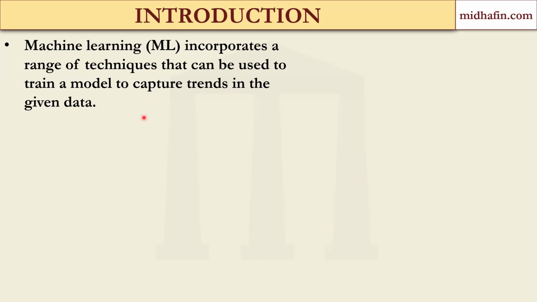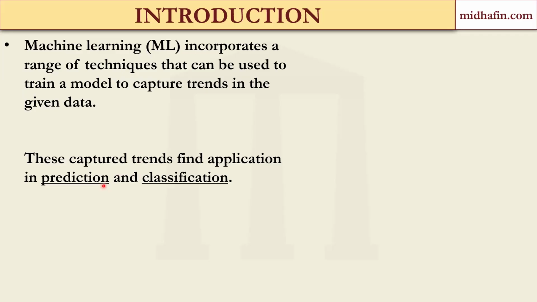Once these patterns are learned, they are usually applied in two ways. You have prediction and you have classification. Prediction is like forecasting tomorrow's sales, house prices, or a portfolio's expected return. Classification is where you have to make a decision between, say, two or three groups.